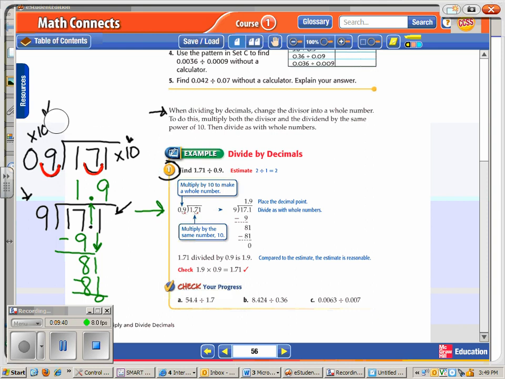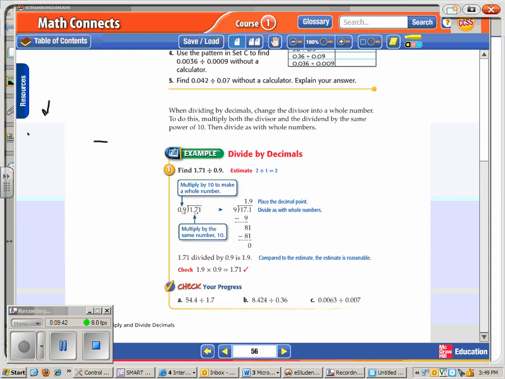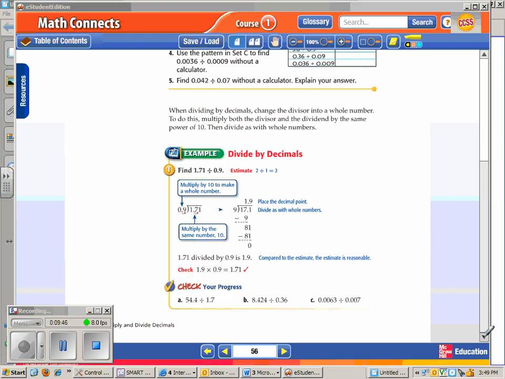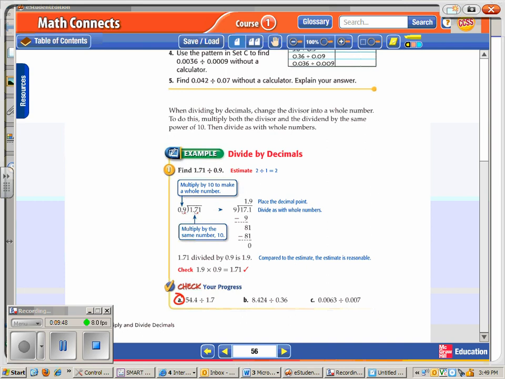Let's do a couple more here together. All right, I'm going to go right down here to A. I have 54.4, and I'm going to divide that by 1.7.